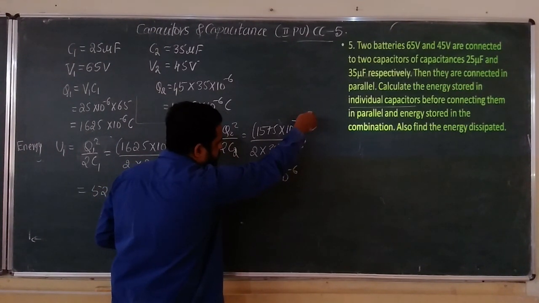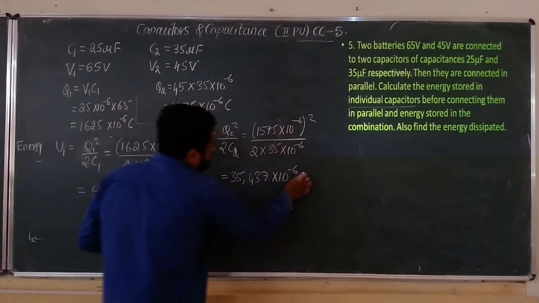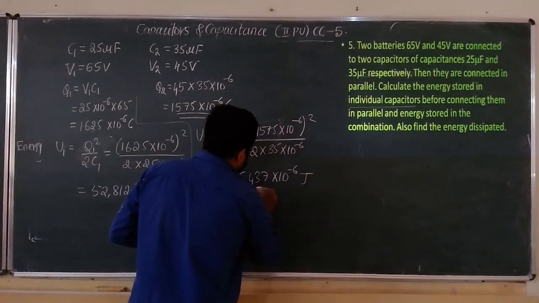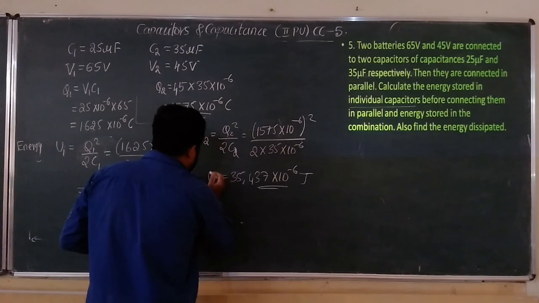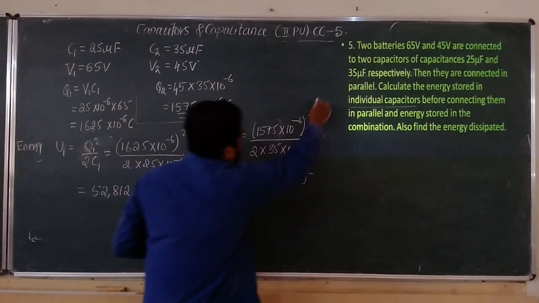That is 1575 squared divided by 2 into 35, which is 70. So it is 35,437.5 into 10 to the power minus 6. One 10 to the power minus 6 cancels, so this much amount of joule is the energy stored in the second capacitor.